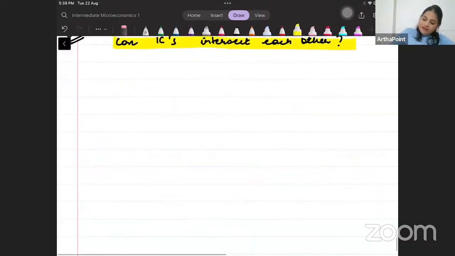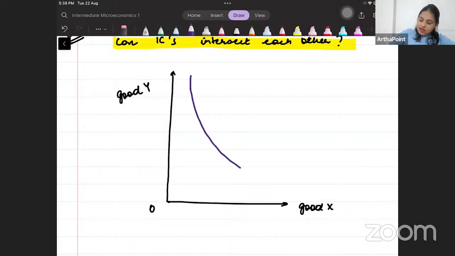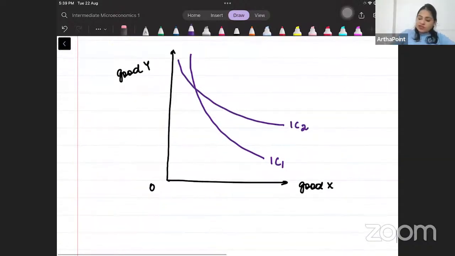Again, beta, I will go ahead and I will start with my diagram. So this is good X and this is good Y. Okay, beta. This is my IC1 and this is my IC2. I'm going to take 3 points now.